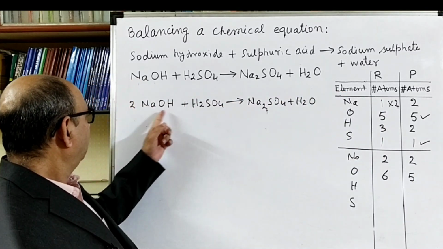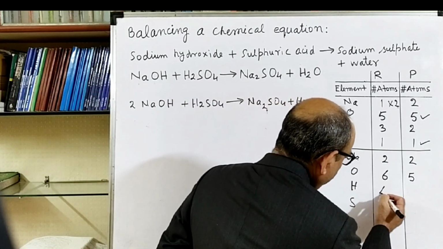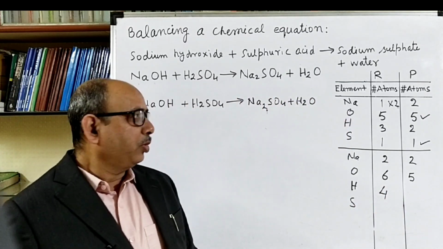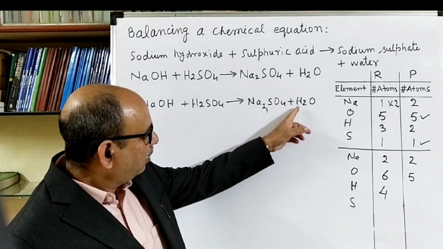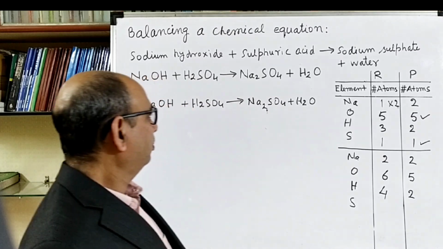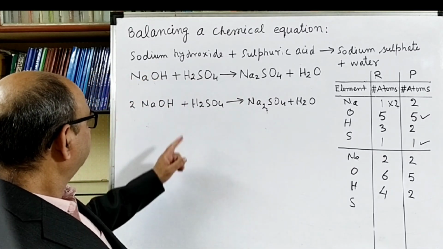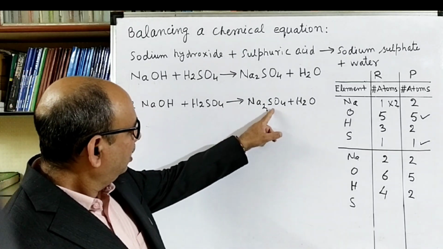Next one is hydrogen. 2 hydrogen plus 2, 4. And on the product side, there are only 2. Next one is sulfur. Sulfur is 1 and 1.